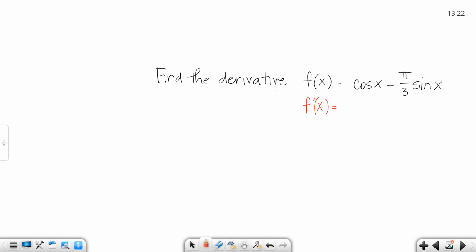On your trig sheet, the derivative of cosine is negative sine x. Okay, so this sine value here has a coefficient, so I'm just going to bring down the coefficient. And then you take the derivative of sine. Well, on your sheet, the derivative of sine is cosine x. So that's your derivative. Memorize your trig rules.